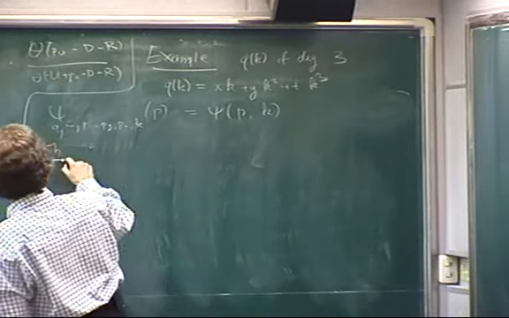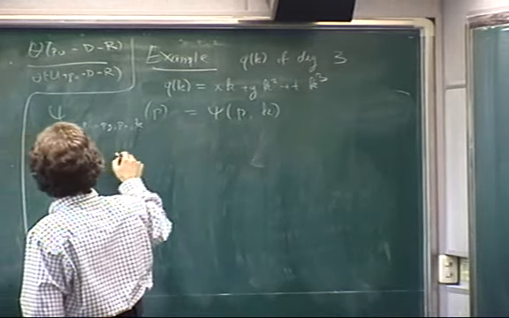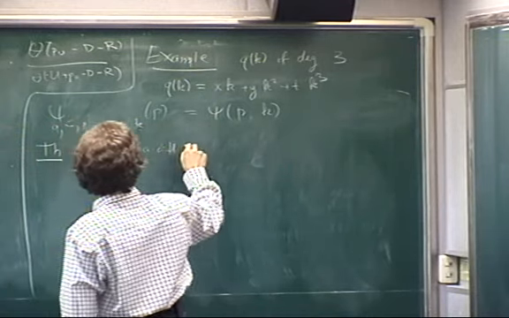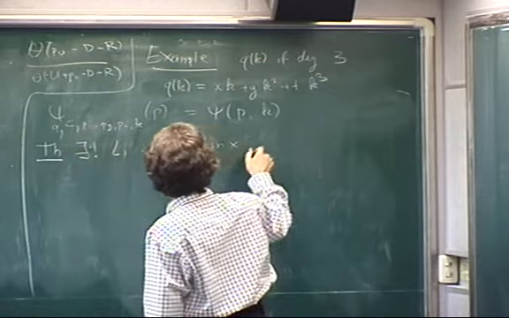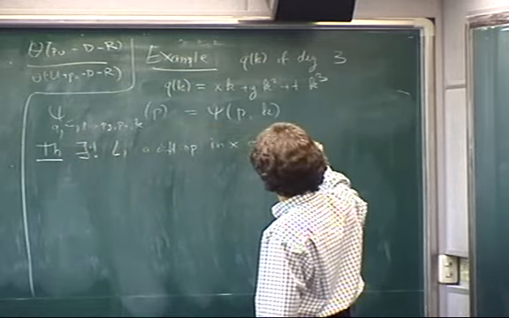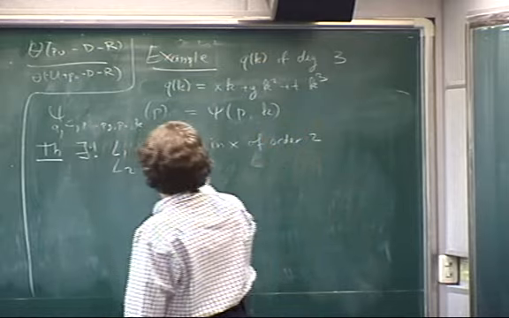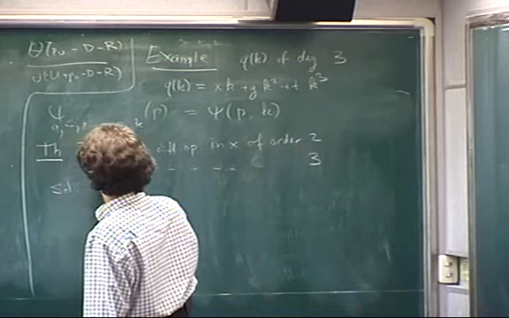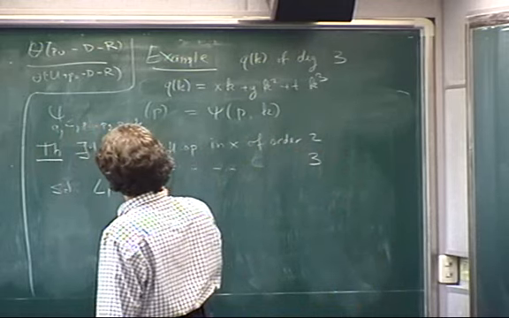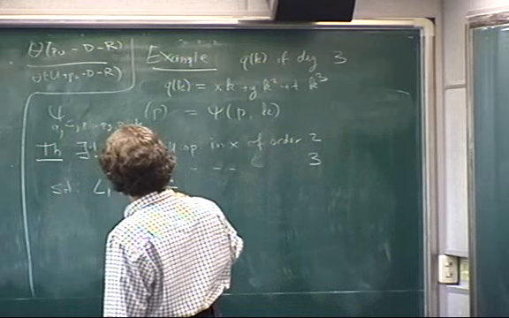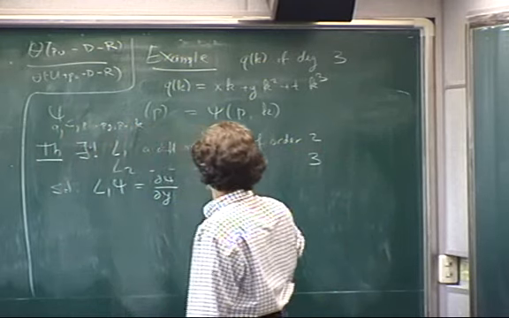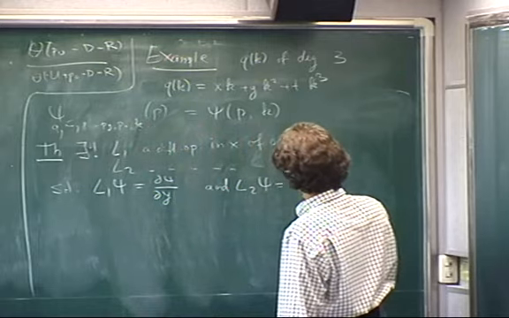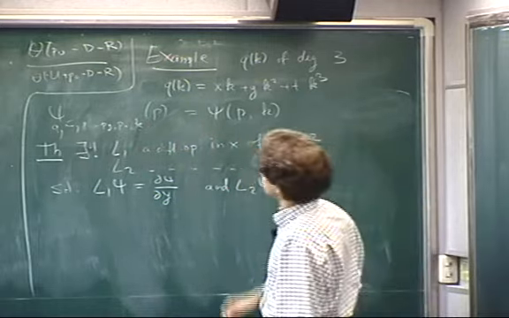And here is a theorem, which is the following. There exists a unique L1, a differential operator in x of order 2, and L2, a differential operator in x of order 3, such that L1 psi is equal to d psi dy, and L2 psi is equal to d psi dt, where psi is this psi.